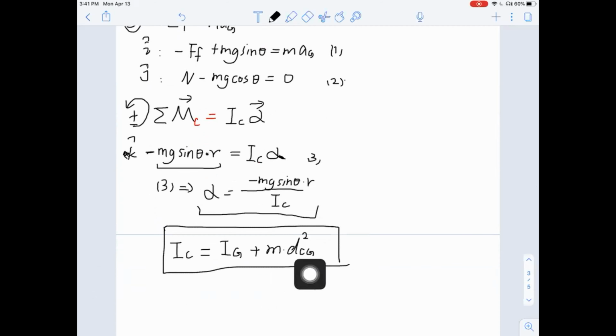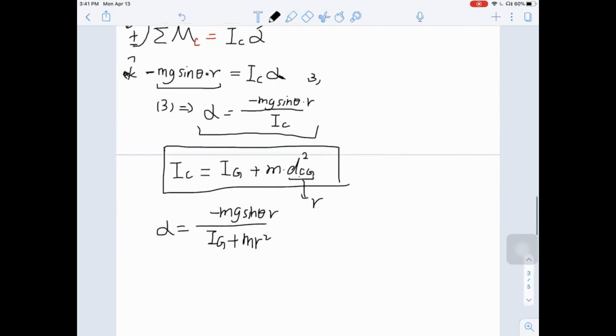This d_CG here is just the radius r. So let's rewrite this: alpha equals, on top, negative mg sine theta r, over I_G plus m r squared.